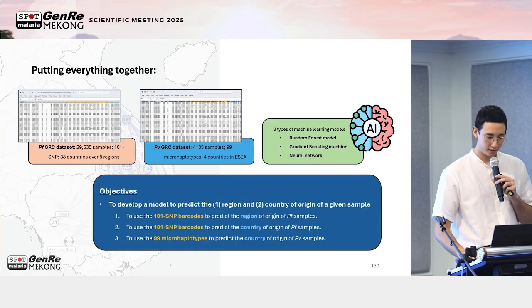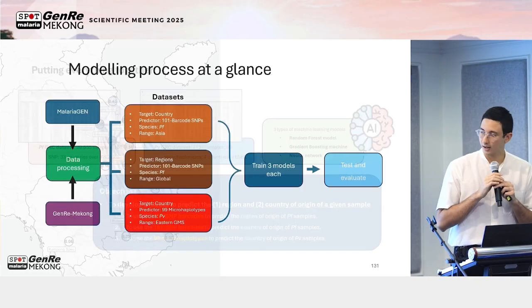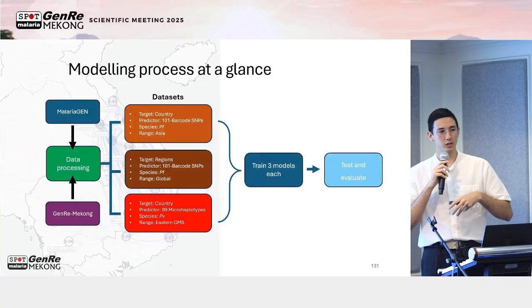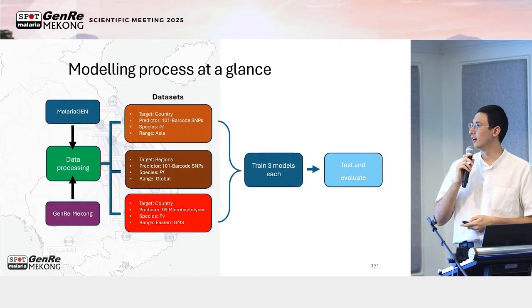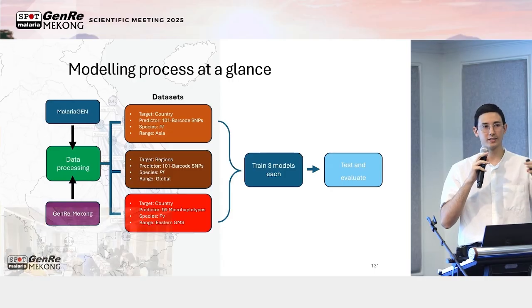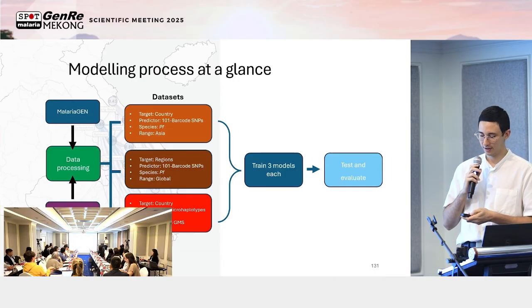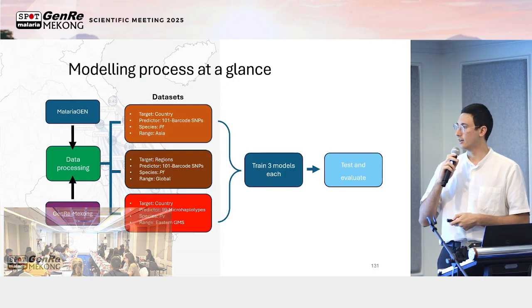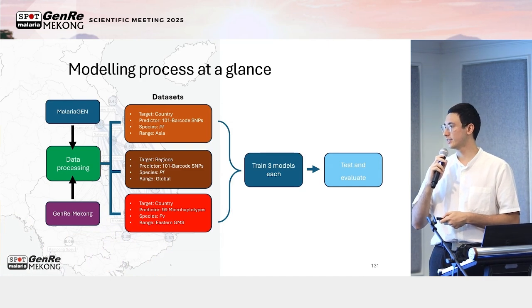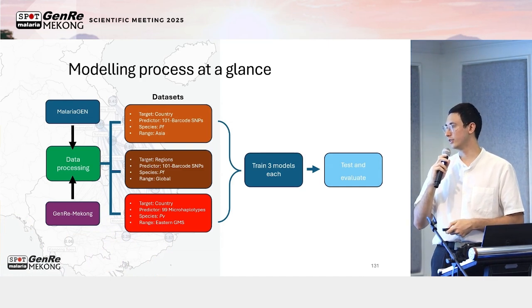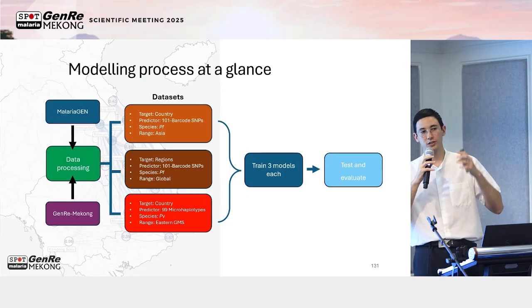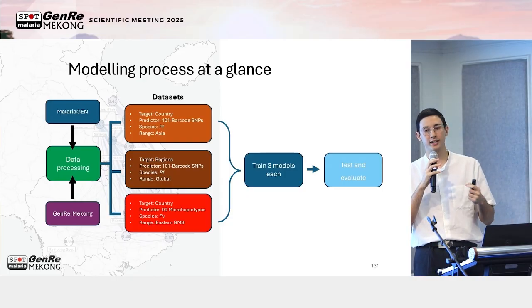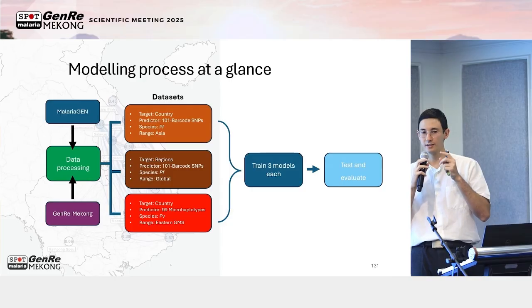And before I go into the results, I'll spend just briefly telling you about the process of how this is done. So we took data from the MalariaGEN dataset, and we used our own GenRe-Mekong dataset. Then we filtered to keep only high quality samples and high quality genotypes.